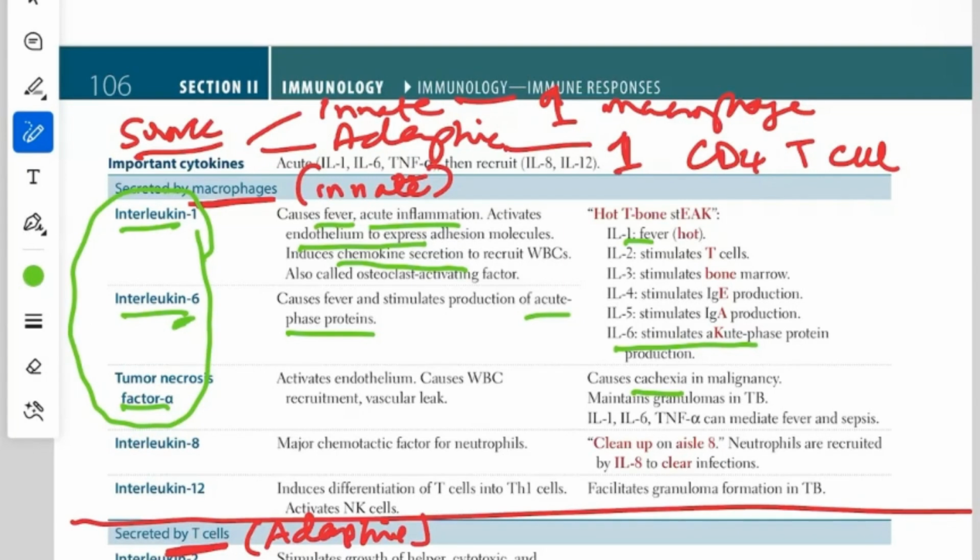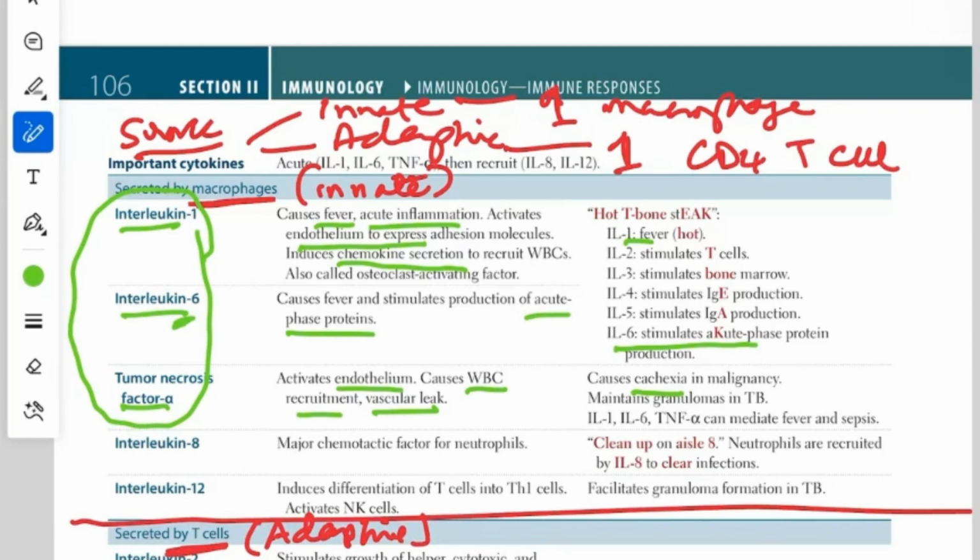So those are some of the things. We said fever, leukocytosis, acute phase reaction. Those things are very important, so please remember that. That's what they are talking about here: it activates the endothelium, which leads to leakage of the blood vessel, and also recruits white blood cells. They all do the same thing, the three of them.